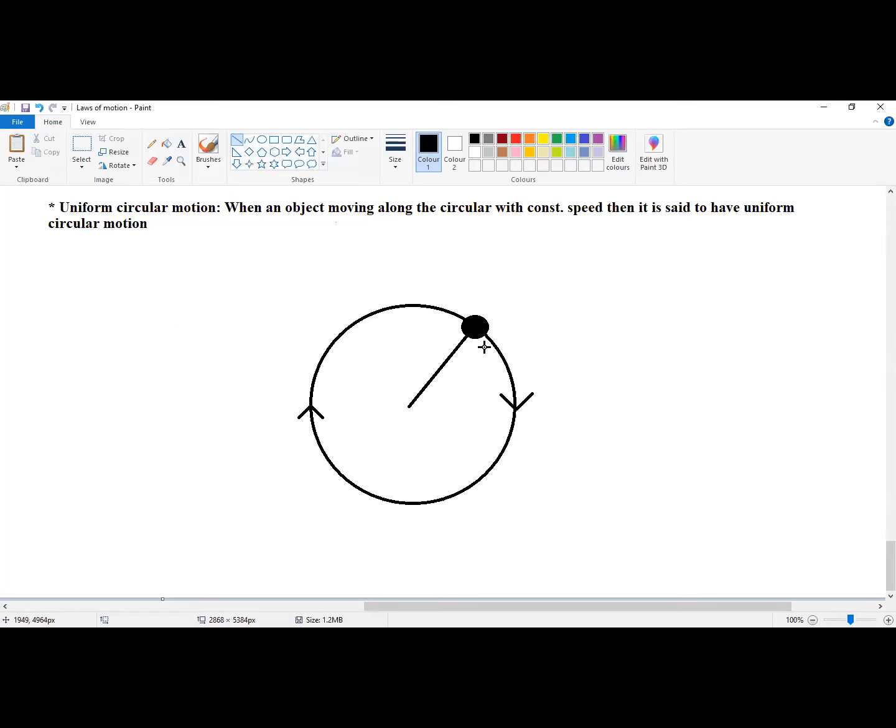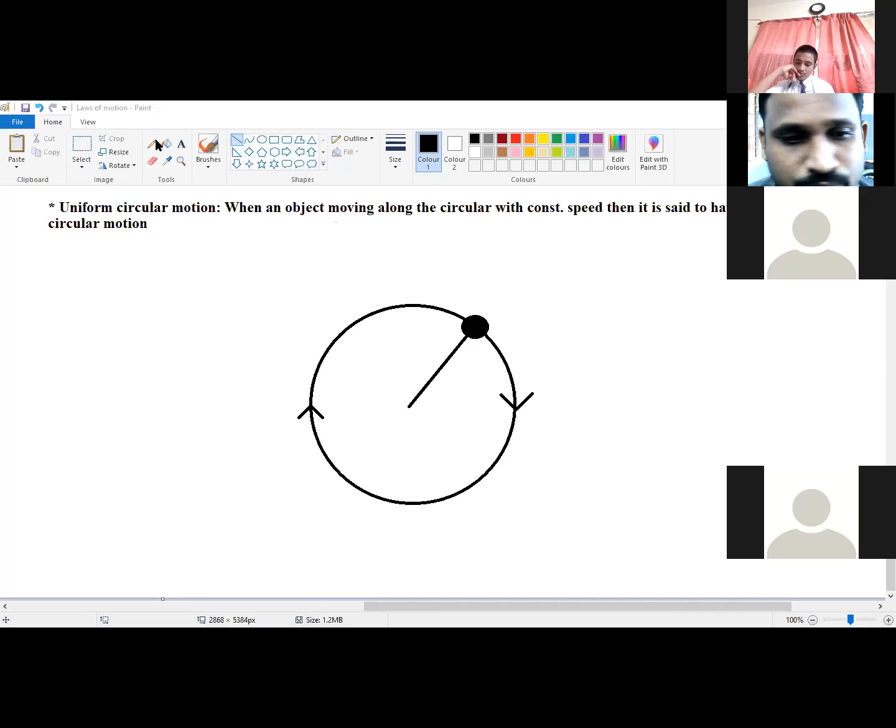There is one technique, one general thing that helps us understand the direction of an object which is moving in a circular path. Let me tell you what that is.